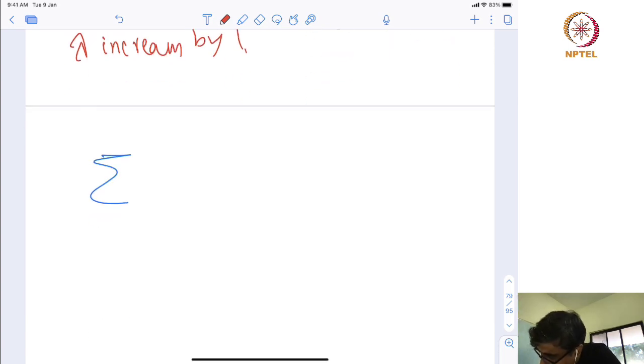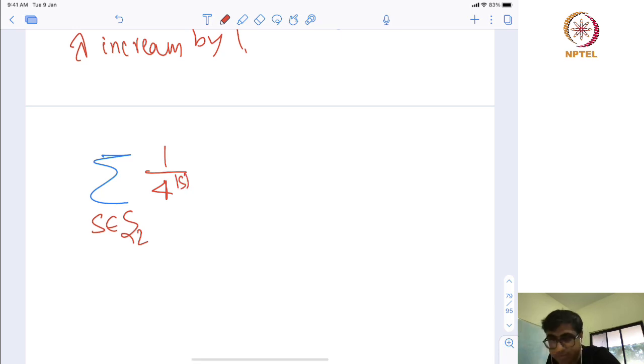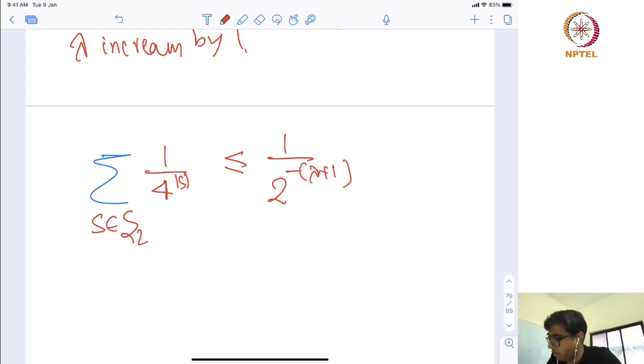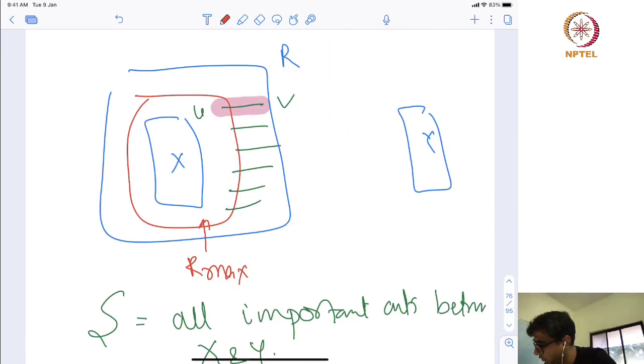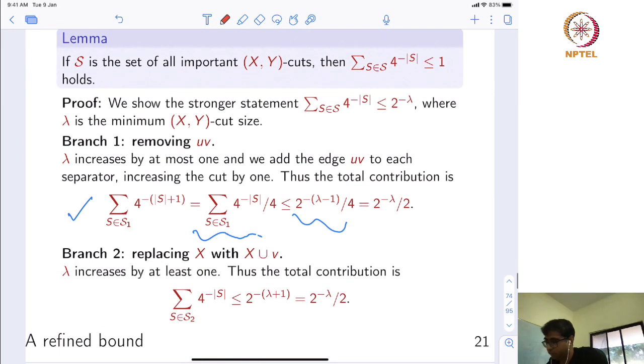So now for S in S2, all we can say is that the sum of 4 to the power minus |S| is less than or equal to 1 over 2 to the power lambda plus 1, which is 2 to the power minus lambda divided by 2. So on both sides you are able to bound by 2 to the power minus lambda by 2, and so you are able to bound the whole thing by 2 to the power minus lambda.